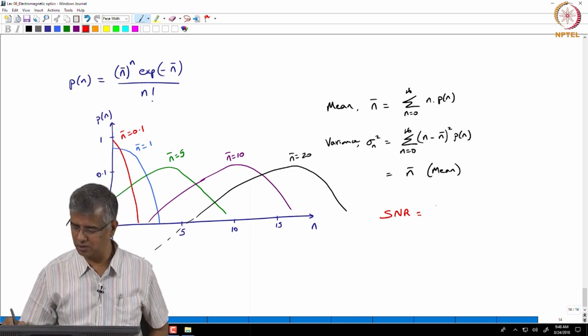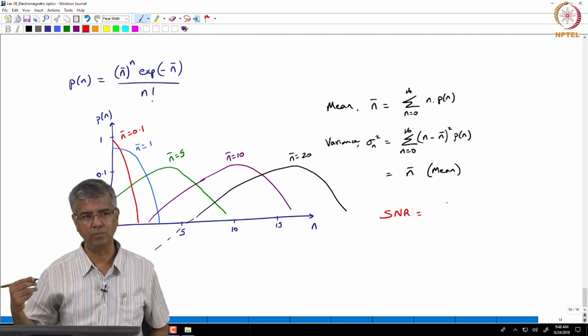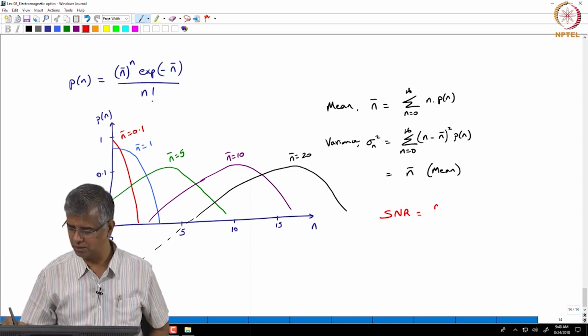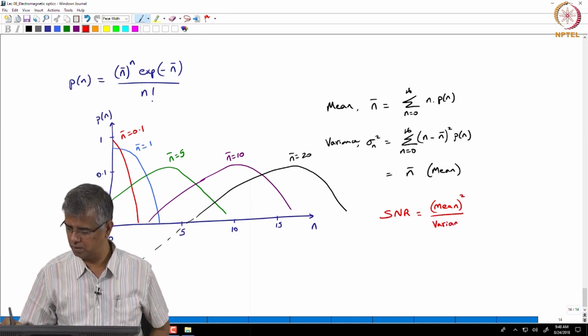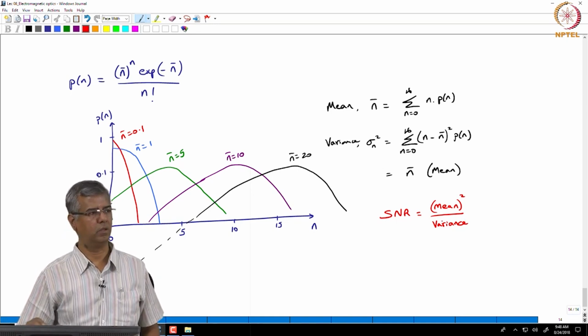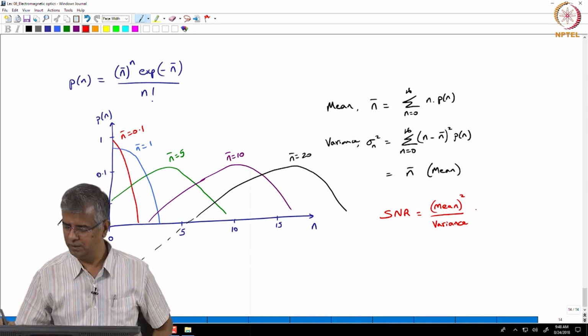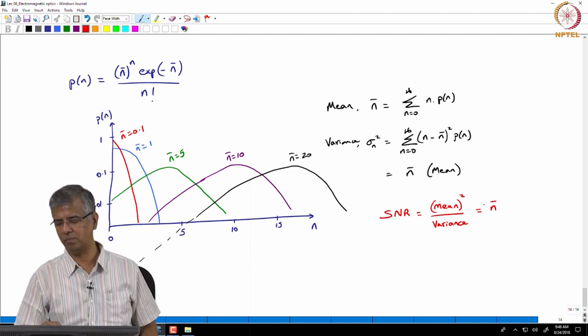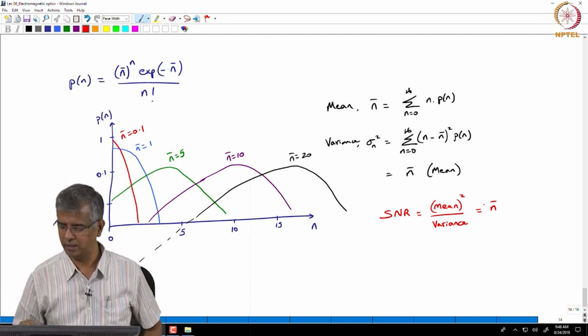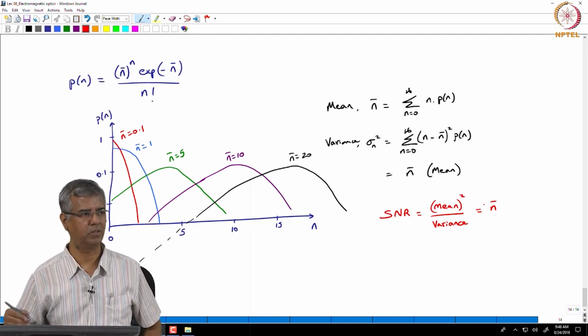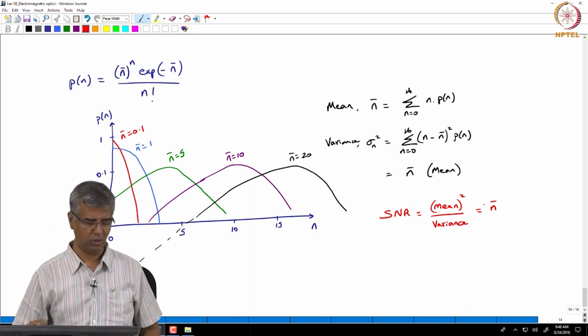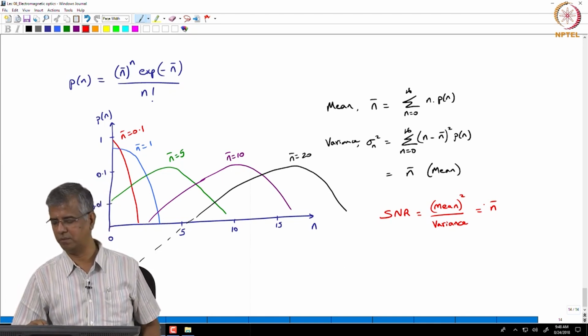So, the signal to noise ratio calculated in terms of photons, it corresponds to the square of the mean over the variance, which is the noise, right. So, in this case, since you have a mean square divided by the variance, which is the mean, so your signal to noise ratio goes as the mean number of photons.